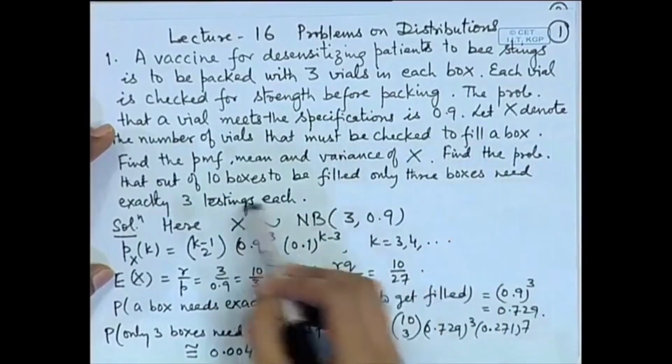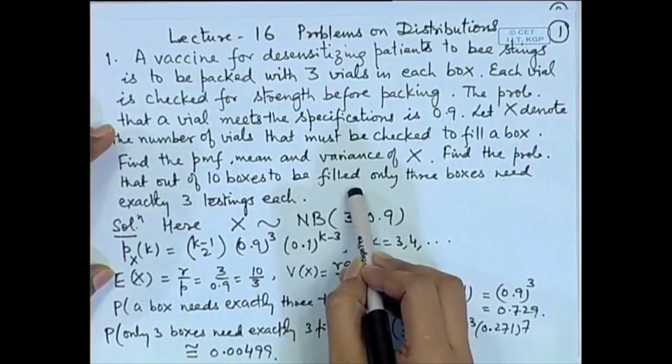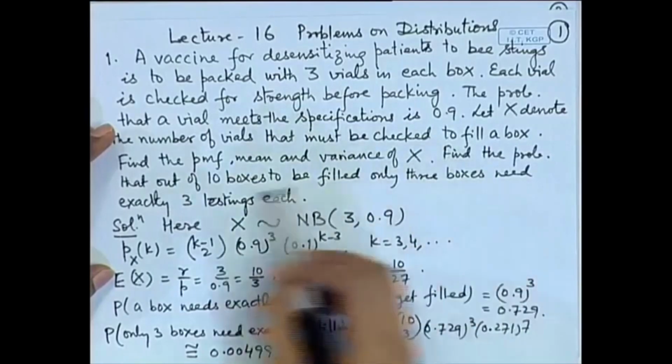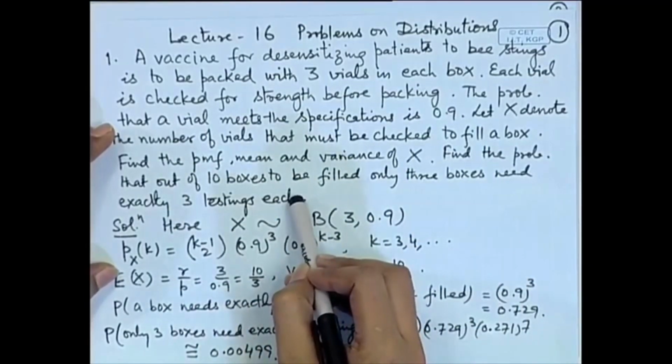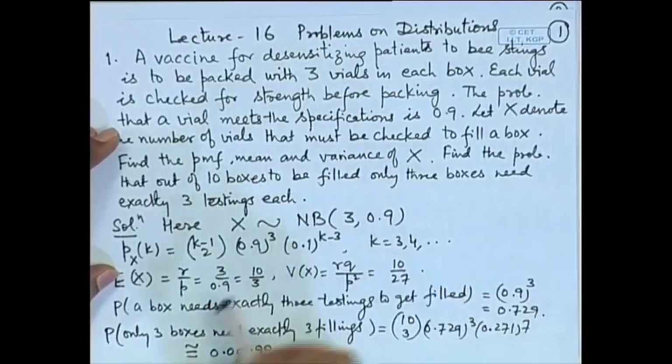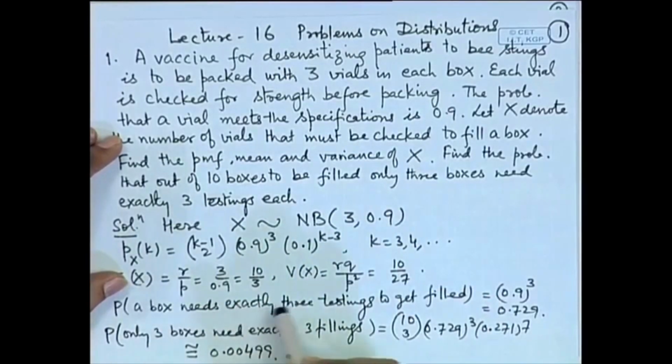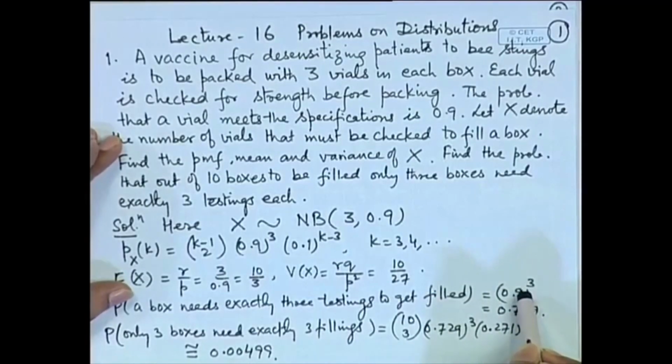Find the probability that out of 10 boxes to be filled, only 3 boxes need exactly 3 testings. So, now what is the probability that one box needs exactly 3 testings? That means, the first 3 vials which are checked, all of them meet the specification.